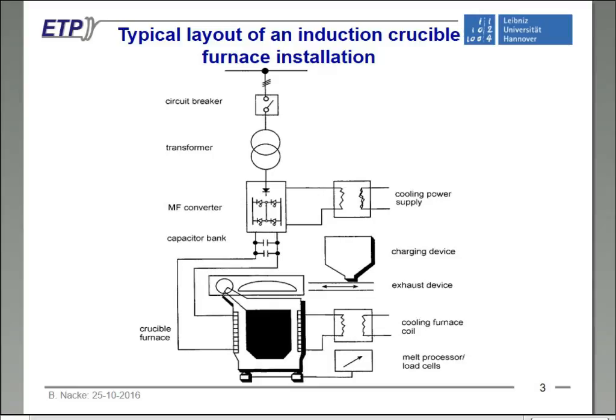If we have a crucible furnace, we typically have a charging system, a charging device, which is mostly combined with an exhaust device. And of course in modern installations we have a so-called melt processor using load cells to control the volume, the content of the furnace. I will go a little bit more in detail later.